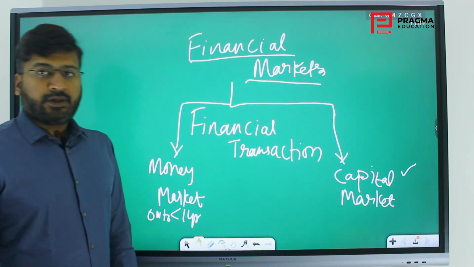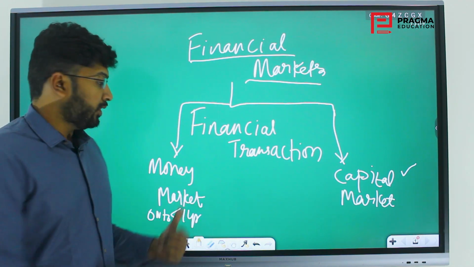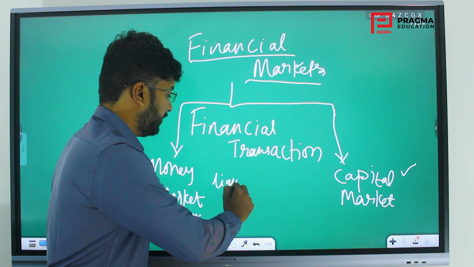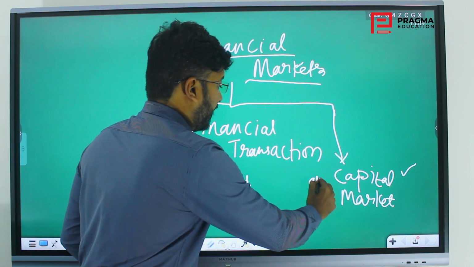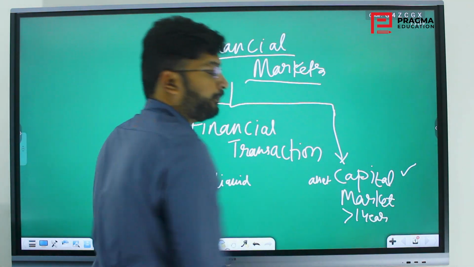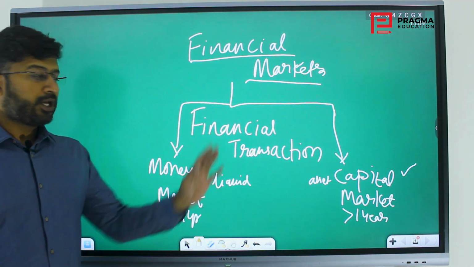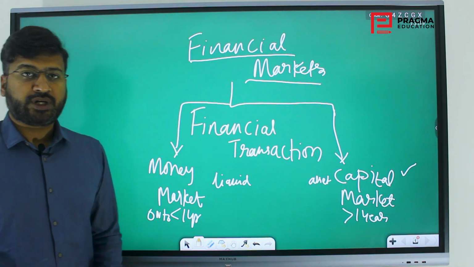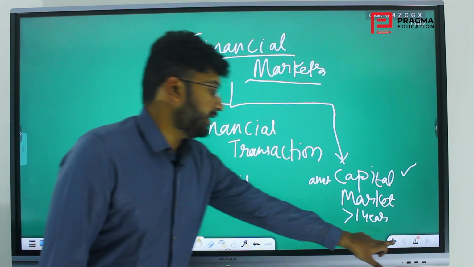That is, money market is more liquid market, while capital market is assets, and it is generally for a period of more than 1 year. These are the two types of financial markets that we will be looking into in this chapter.